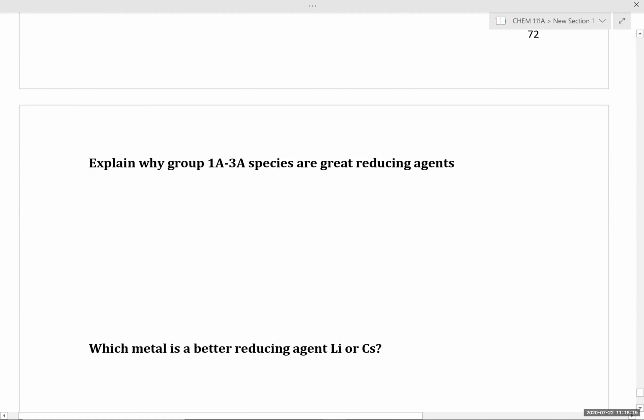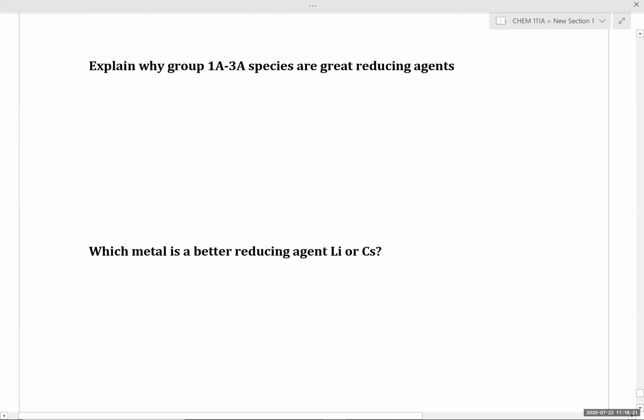Let's try to answer the question: why are group 1A to 3A elements great reducing agents? I'd like you to tell me which metal would be a better reducing agent, lithium or cesium? To give you a hint, reducing agents function by losing electrons.